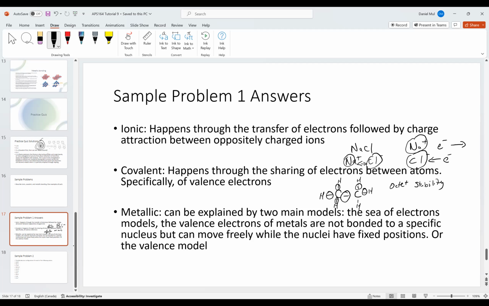And then metallic can be explained by two main models, the sea of electron model, where the valence electrons of metals are not bonded to a specific nucleus, but can move freely while the nuclei have fixed positions, or the electron band model, which is going to be covered this week, but I think in the textbook you already covered it, so we'll talk about it next week.